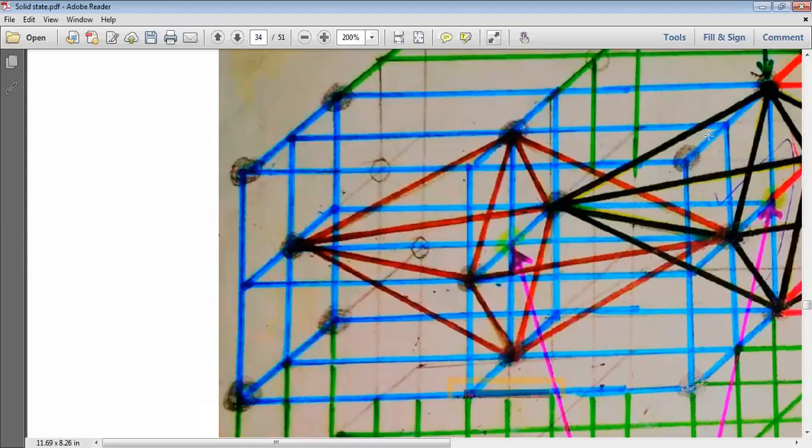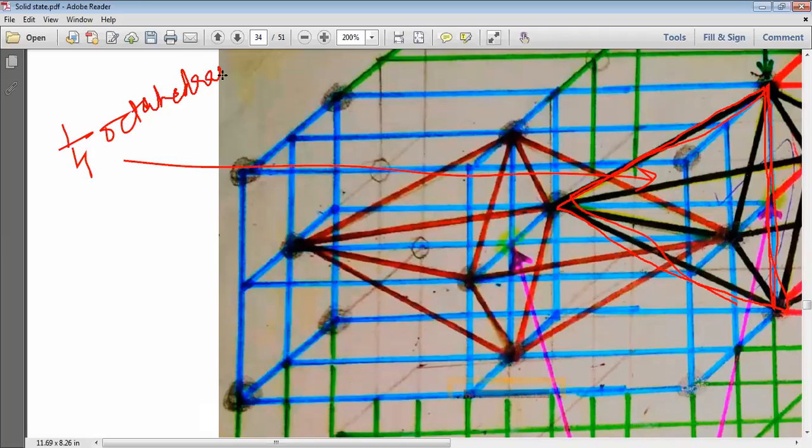Yes, sir. But you can see that 1/4 part of this black color octahedral void is also present. दिख रहा है बच्चों? Yes or no? Yes, sir. This is the 1/4 part of the octahedral void, 1/4 of the octahedral void inside the blue unit cell.